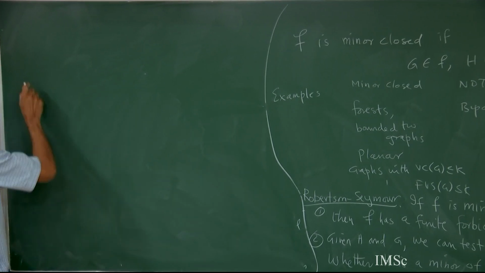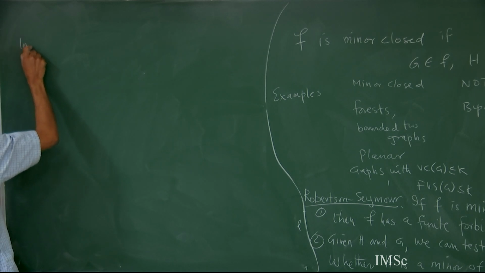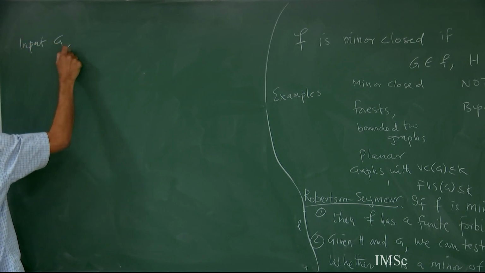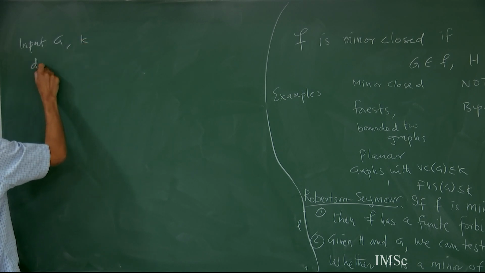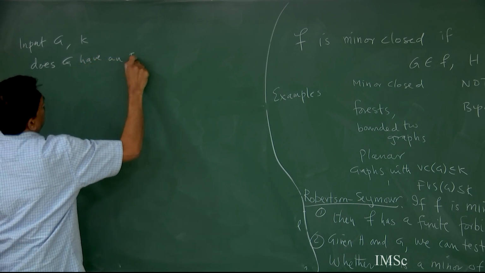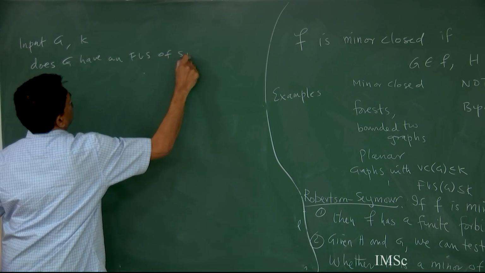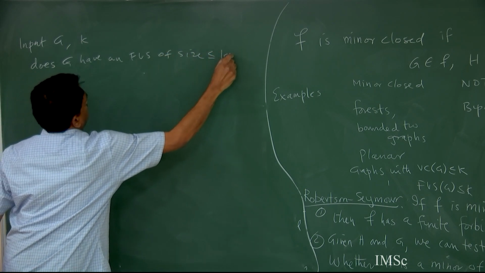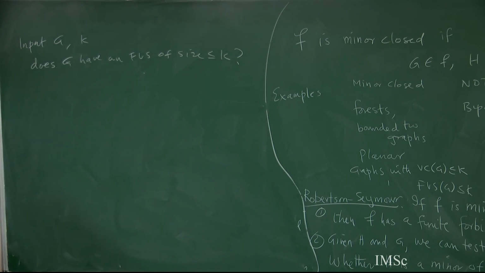Let us look at FES and k, and the question is, does G have an FES of size at most k? We have seen a lot of FPT algorithms, but I am going to show how to give an FPT algorithm using these two theorems.